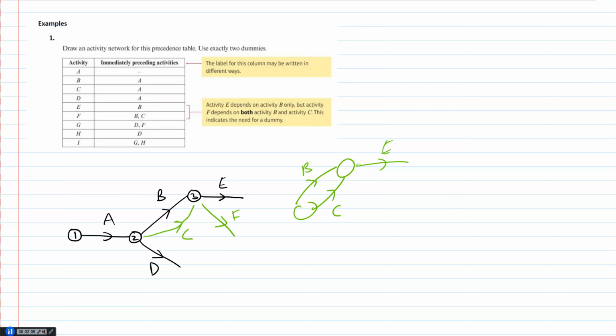So we're going to need a dummy here. And to draw a dummy, so E requires B, we've got that, so F requires B and C. So in order to indicate that, well, we know that F requires C, nothing else requires C, so we're quite happy with F coming out of C. So F has got to come out of here.